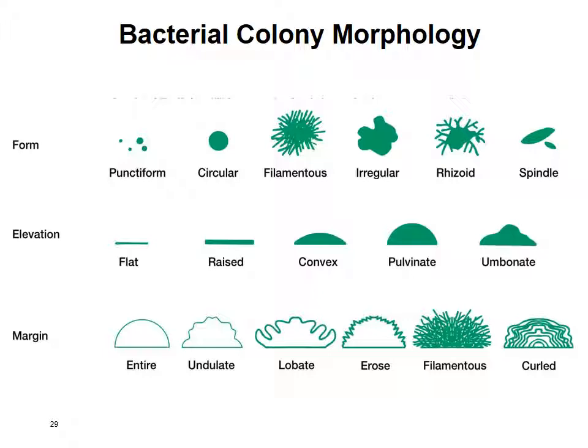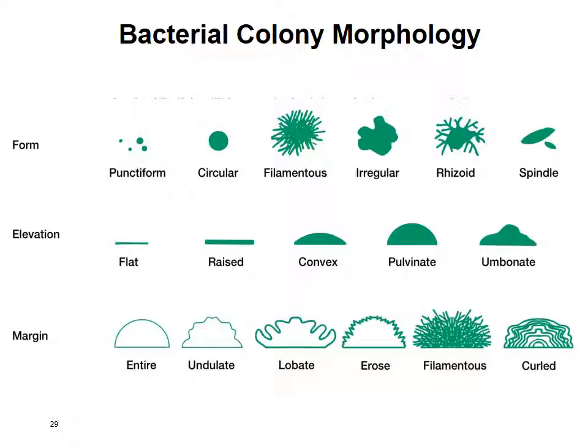Colony development can also aid a microbiologist in identifying microbes, because individual species often form colonies of characteristic size and appearance. Here we have variations in colony morphology seen with the naked eye.